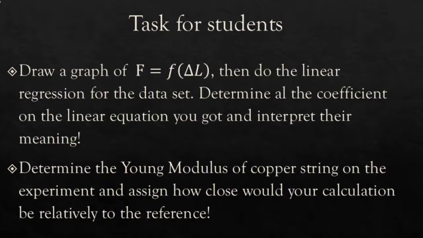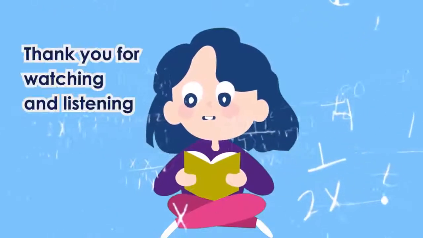So you need to take the relative errors of your measurements in comparison to the references. Okay, so these two tasks you need to perform on these experiments based on your raw data coming out from your assistants.